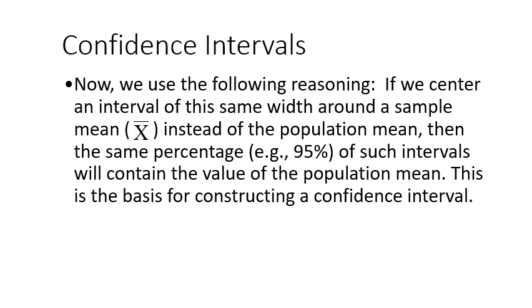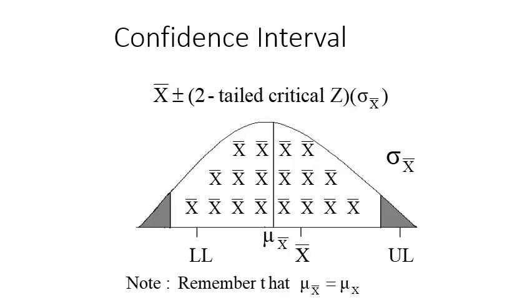We know that it's going to cover 95% of the population mean, so that's how we say we have 95% certainty that the population mean is within that range. And this is where it becomes the sample mean plus and minus our two-tailed critical z-value for 95%, and we'll come back to what those critical values will be, times the standard error of the mean.